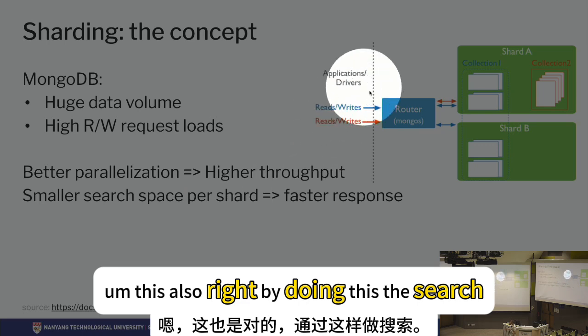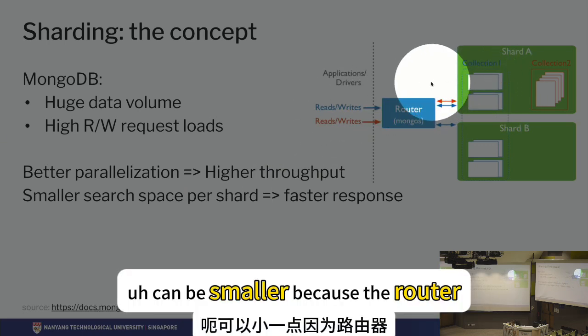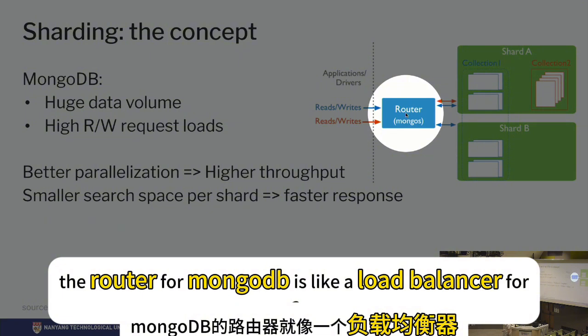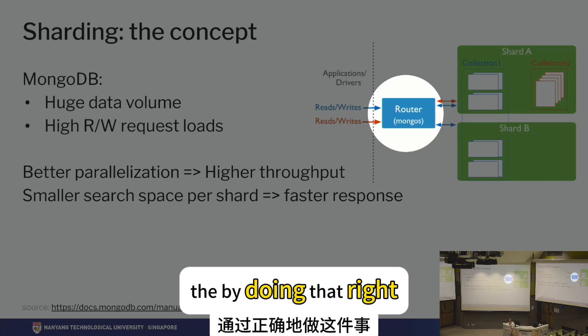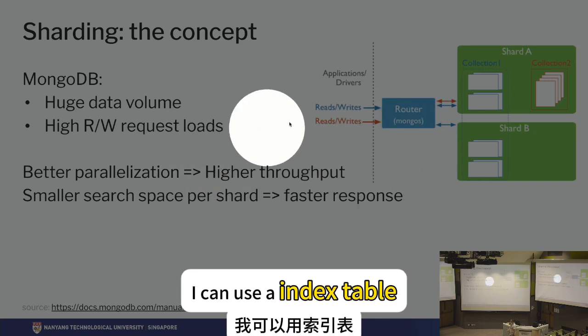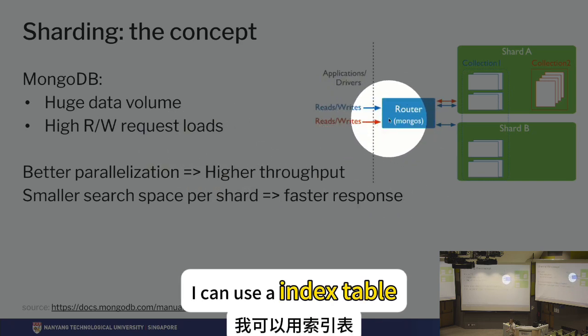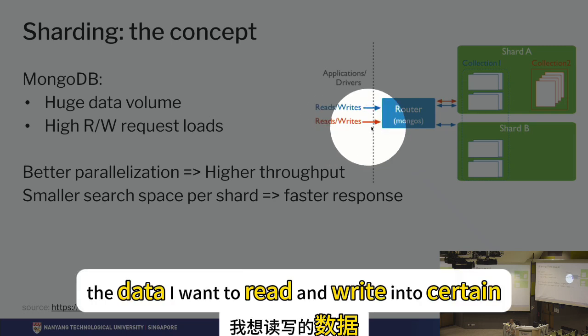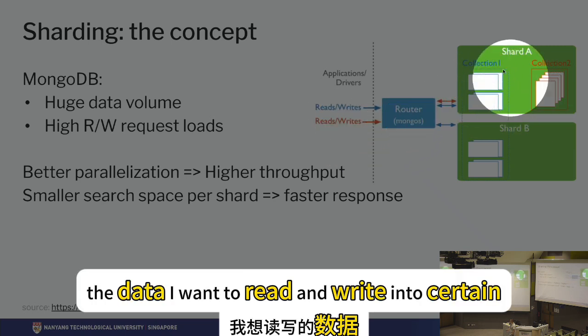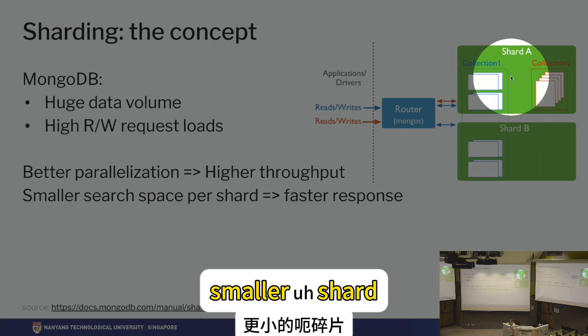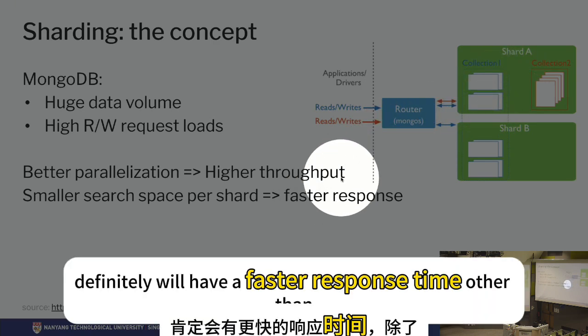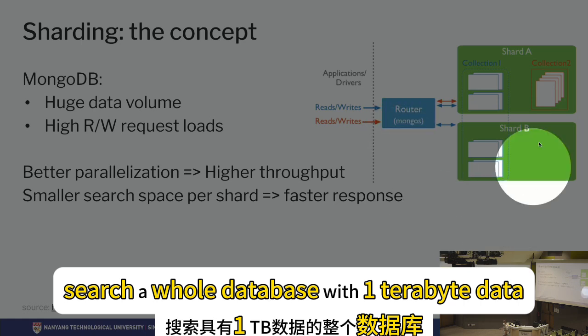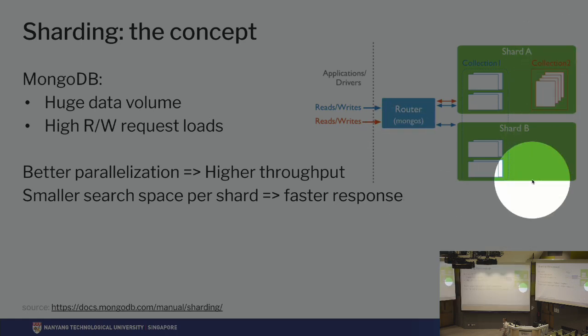Also, by doing this, the search can be smaller, because the router in MongoDB is like a load balancer for a web service. I can use an index table to index the data I want to read and write into a certain smaller shard. By doing that, we definitely get a faster response time than searching a whole database with 1 terabyte of data.